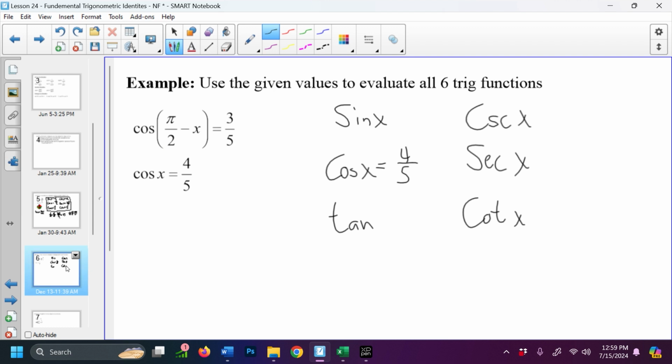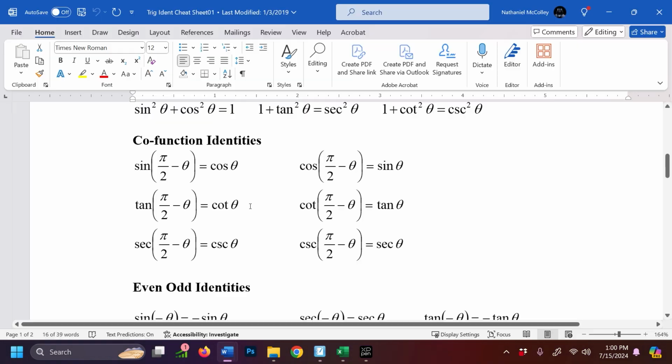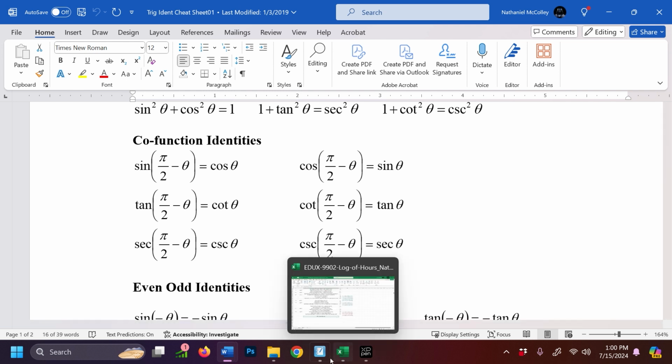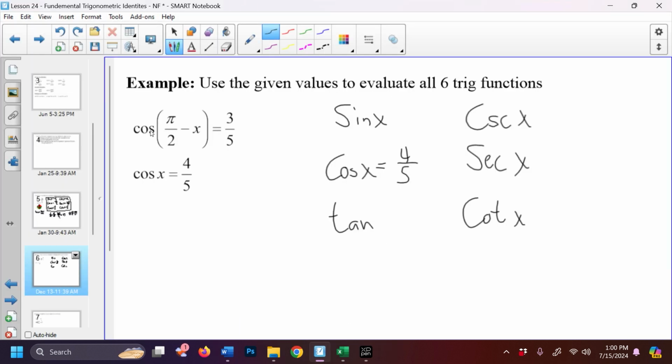Well, if I look at my trig identity cheat sheet and I come down here, I see that the cosine of pi over 2 minus theta is equal to the sine of theta. So I'm going to use that and say that the cosine of pi over 2 minus x equals 3/5.